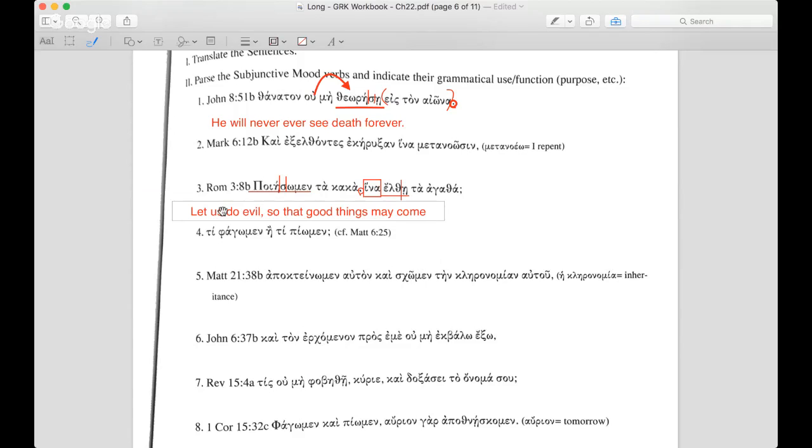I don't know. Yeah, and so this is actually part of a larger kind of critique. If you look in the original context, because this is part B. So this is actually like the direct statement of a larger rhetorical question. And so in the context, it is not "is it, as they blaspheme us and say that we say," and then the quote, "let us do evil so that good things come."